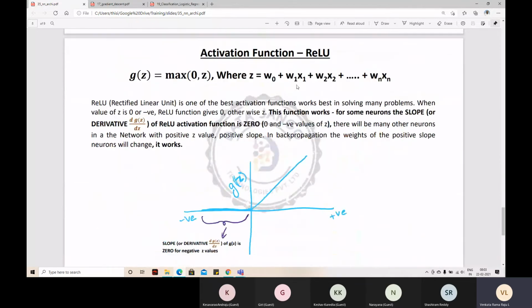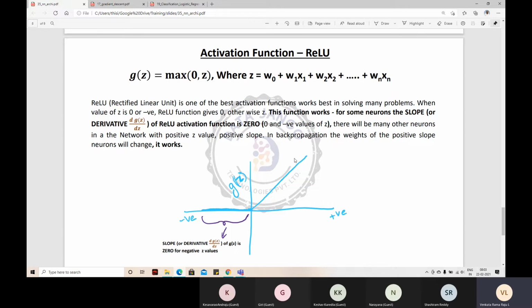And they found ReLU, a simple node, right, a linear combination. The ReLU function is the maximum of 0 and z, right? If the linear combination is negative, we take 0. If the linear combination is positive, we take the positive outcome we get. So the function is going to be like this.